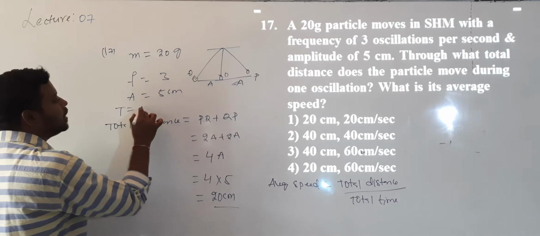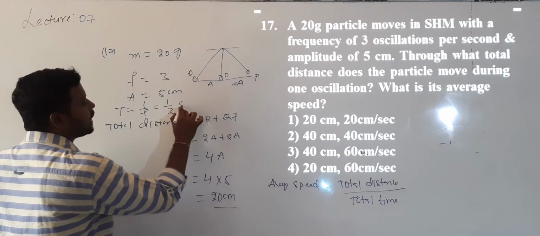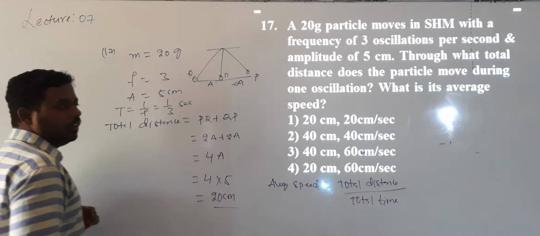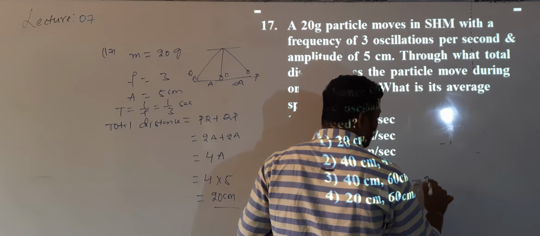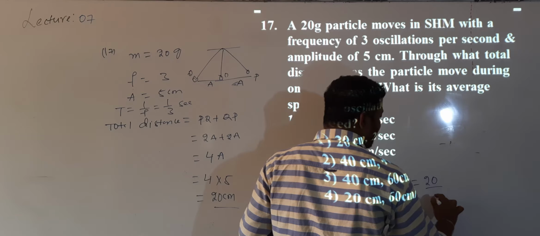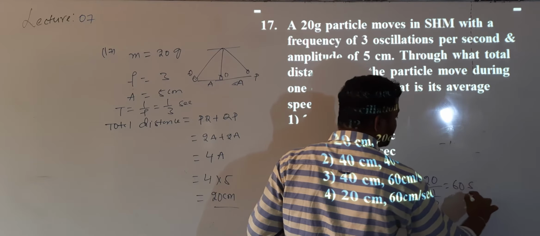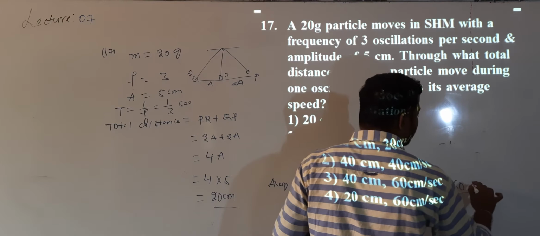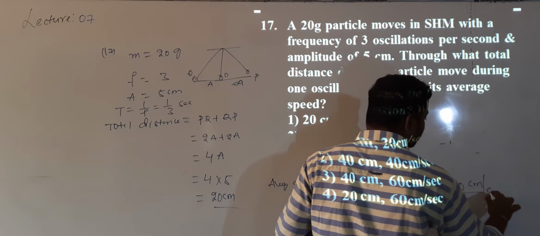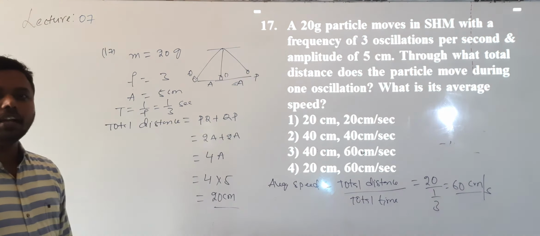Time period is the reciprocal of frequency, that is 1 by 3 seconds. So total distance 20 divided by total time taken 1 by 3. How much do I get? 20 into 3 is 60 centimeters per second. Question understood? 60 centimeters per second.